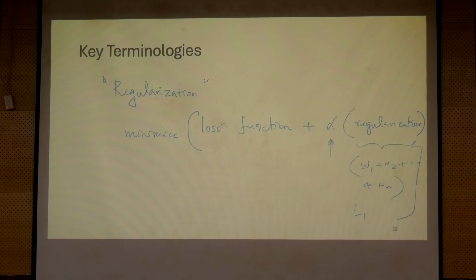If a weight goes to 0 in a neural network, if I have 3 neurons and the weights associated with the input is 0, then this neuron is no longer existing in my network, right? So with L1 regularization, I may create sparsity in my neural network. That means some neurons will no longer be actively involved in predicting. So typically L1 regularization is not preferred.